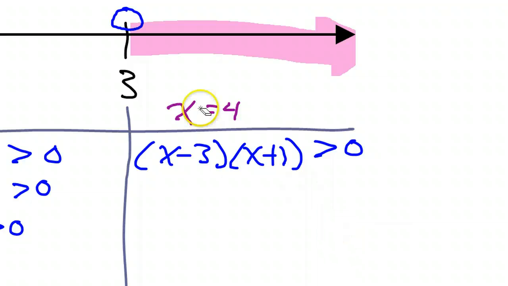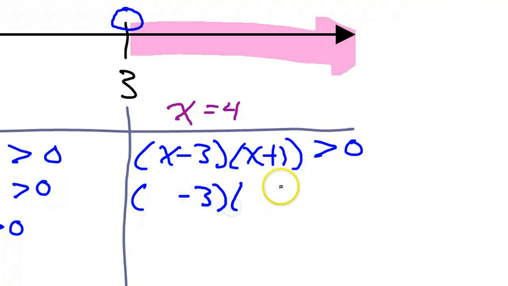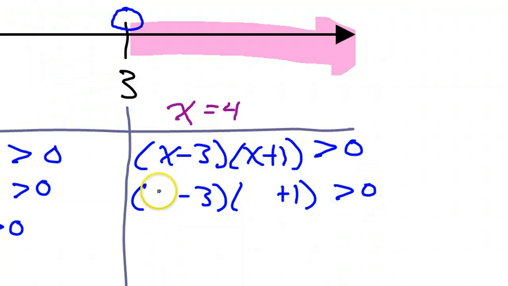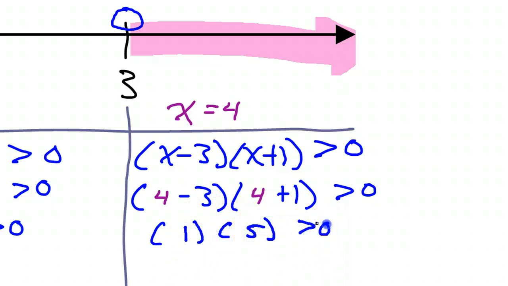And one more time, we will substitute this test value in for these x's. Okay, so test value of 4. So 4 minus 3 is 1. 4 plus 1 is 5. Okay, so 1 times 5 is 5.